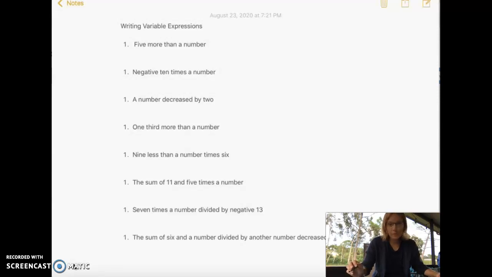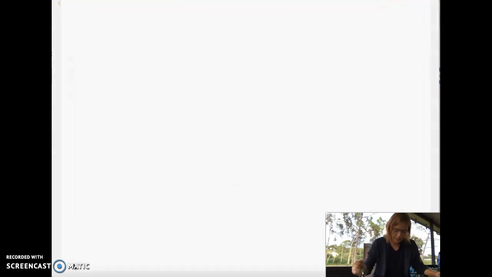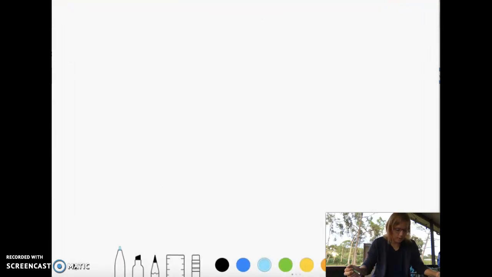The first number one says 5 more than a number. Now, when it says 5 more or 5 less at the beginning of the sentence, that number is actually going to go second.